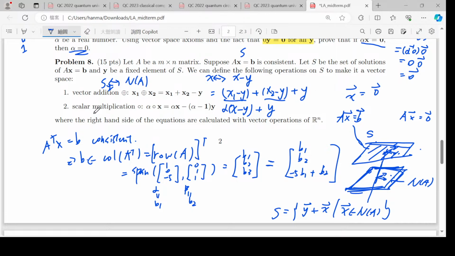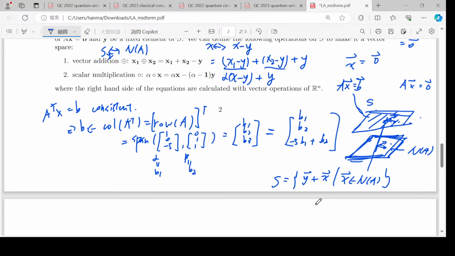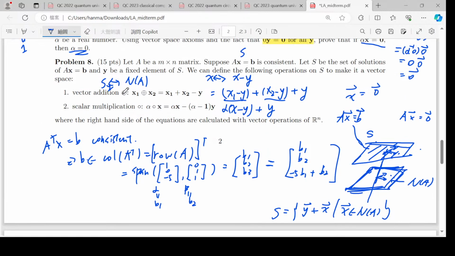Okay. And similarly for scalar multiplication, we move back to the null space, multiply, and shift it back. If you see this, then you know that this vector addition and scalar multiplication have closure.